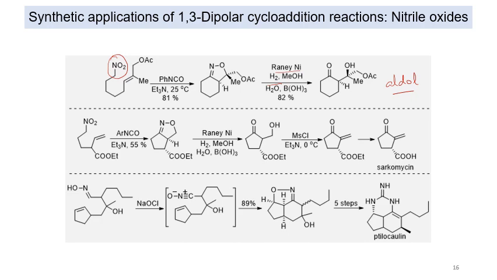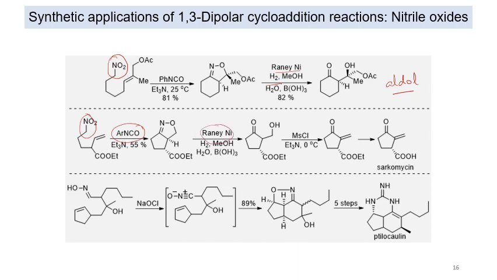In the second example, once again this is a nitro compound that generates a nitrile oxide upon reaction with isocyanate, followed by a 1,3-dipolar cycloaddition.